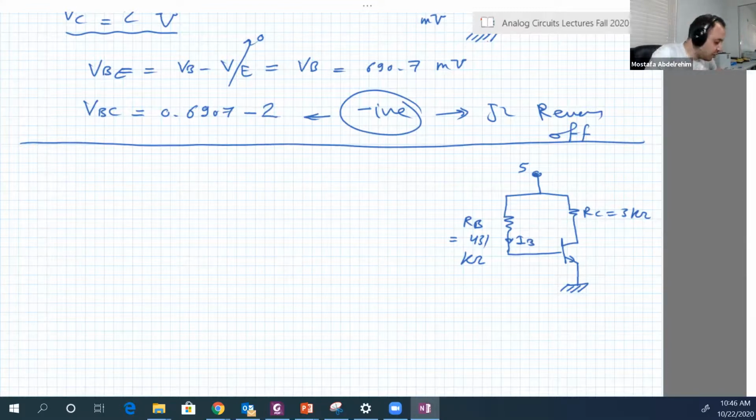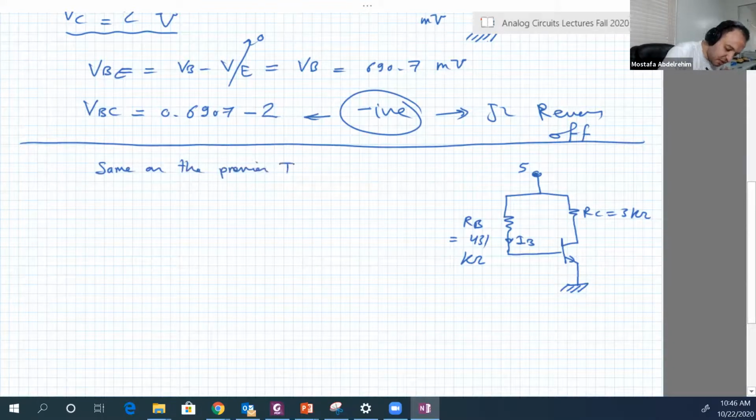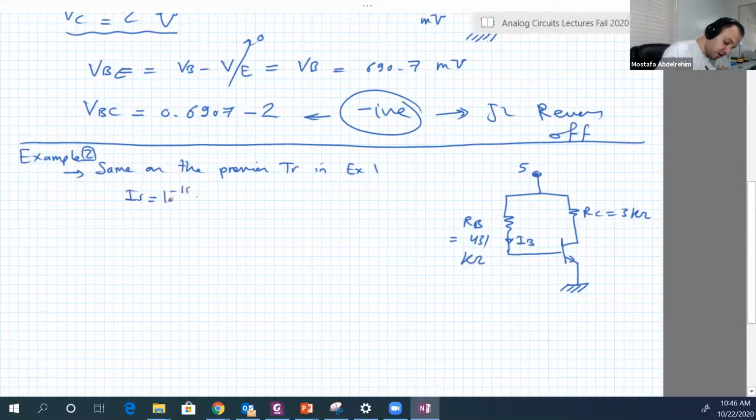Let's also find, again, the same transistor as in example 1. So this is example 2. We have IS equal to 10 to the power minus 15, beta equal to 100, and still the active region. And again, find VBE and VCE.